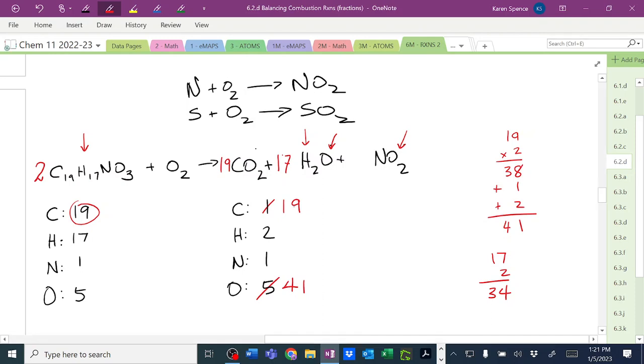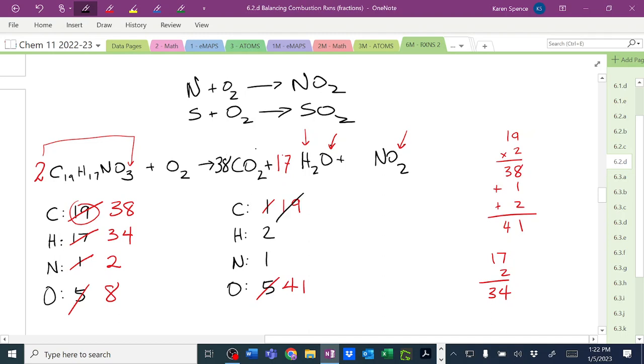So now we don't have 19 carbons anymore. Now we have 38. We don't have 17 hydrogens anymore. We have 34. We now have 2 nitrogens. And the oxygen is in 2 places, so we have 6 plus 2 is 8. So let's change this one to a 38 because we're going to go back and fix our carbon now.